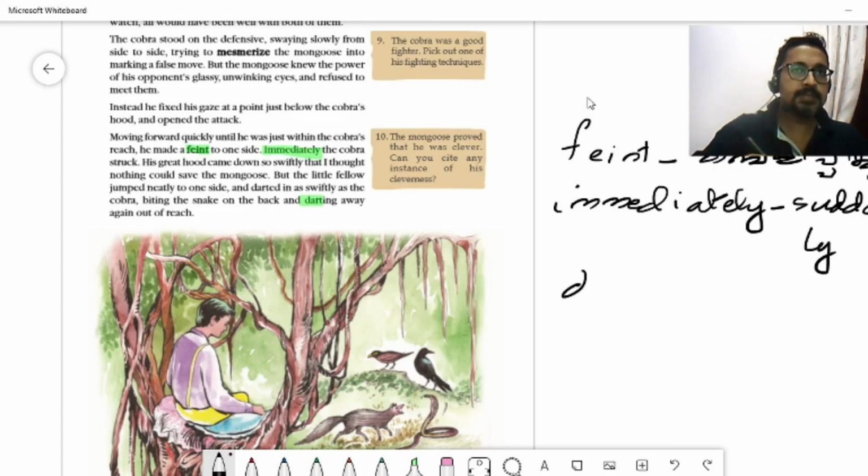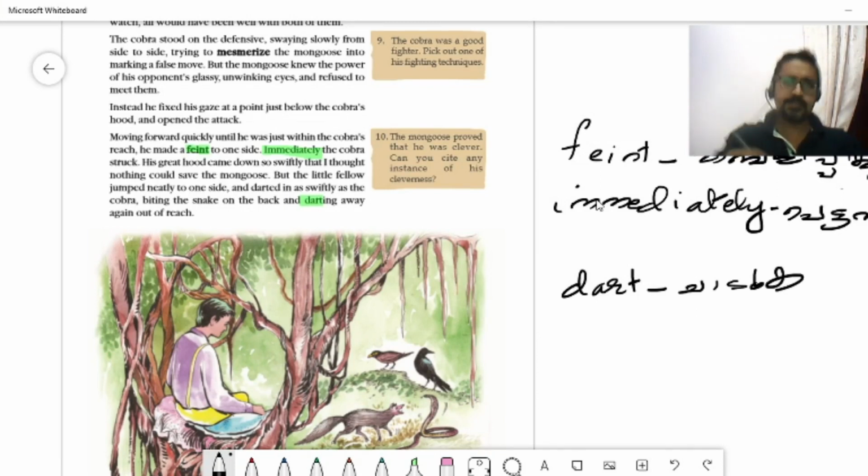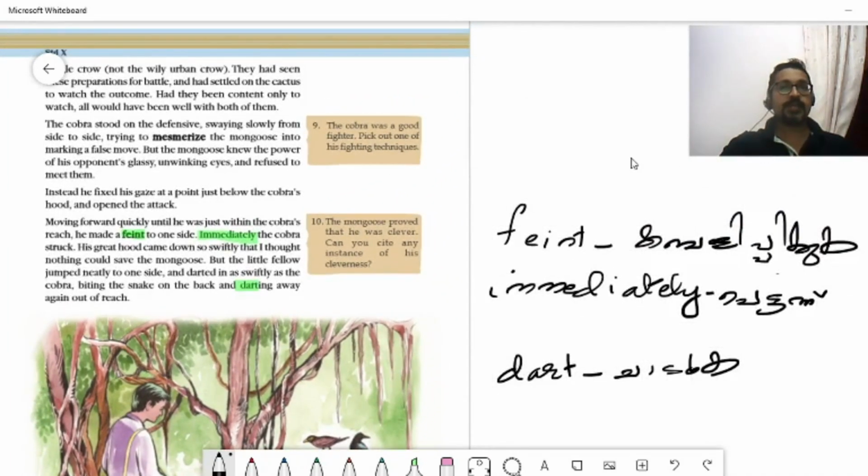Dart. ഡാർട്ട് ചാടുക. You can say it like that. So ഫെയിൻറ്റ് കബളിപ്പിക്കുക, ഇമ്മീഡിയറ്റ്ലി പെട്ടെന്ന്, ഡാർട്ട് ചാടുക.